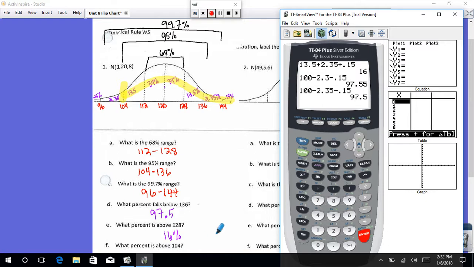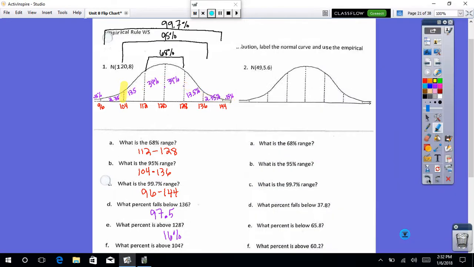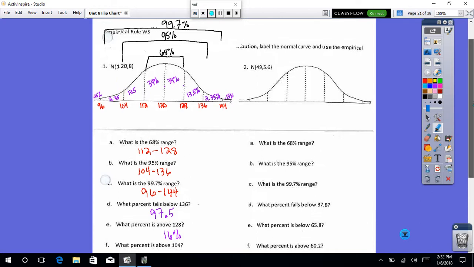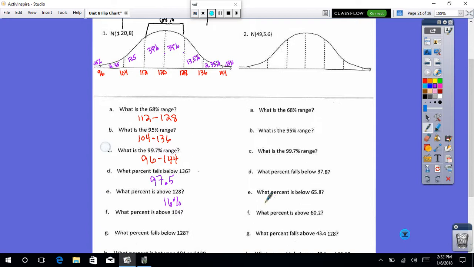So you'll get 97.5. Again, this is asking for above 104, so draw yourself a little line above 104. All of these percentages added up, or subtracted from 100, you'll get the same thing, and it was 97.5.